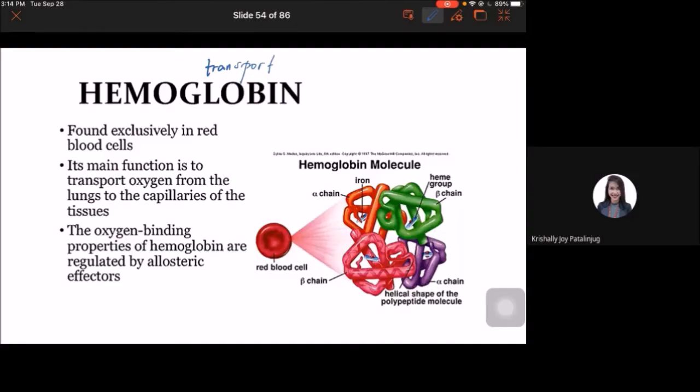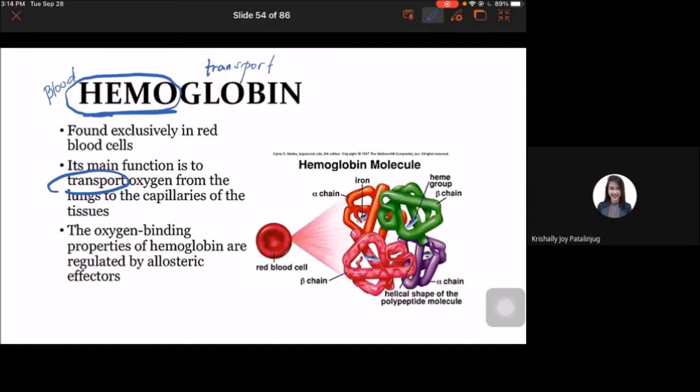Okay, hemoglobin. We can realize based on the term itself, no, hemo, na yung mismong hemoglobin is exclusively found in the blood. Kasi pag sinabing hemo, it indicates blood. That is why nakasulat, it is found exclusively in red blood cells. Hemoglobin. Okay, and again, para saan? Transport of oxygen.